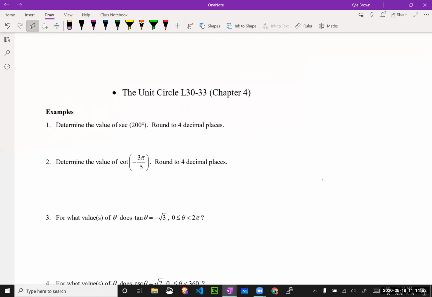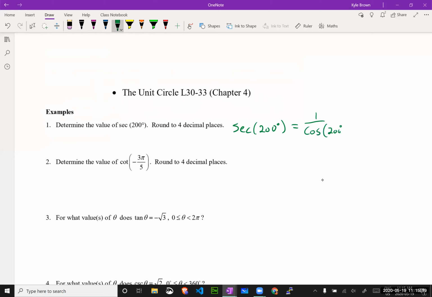So this one says determine the value of secant of 200 degrees. Now, this one's just putting in your calculator. We don't have to use the unit circle for that one. So the way we do this, we'd say secant of 200 degrees is equal to, well, we have to remember which one it is. The secant's the same thing as saying 1 over cos of 200 degrees.